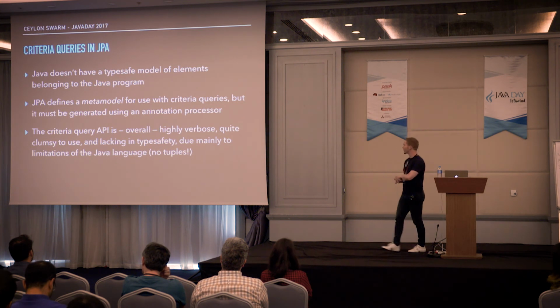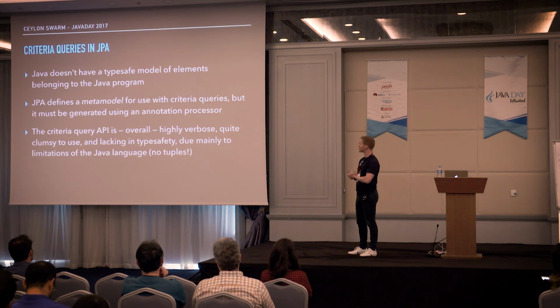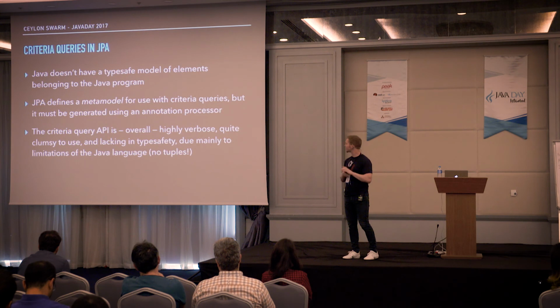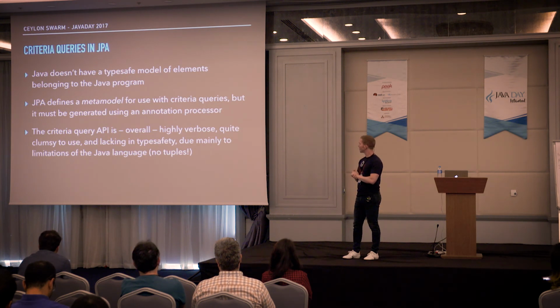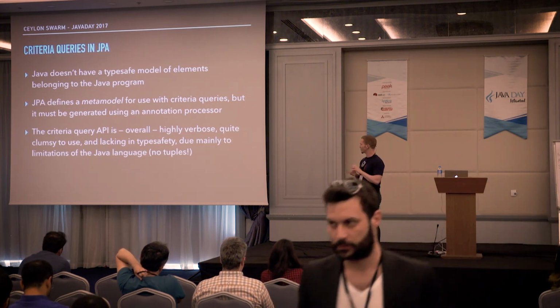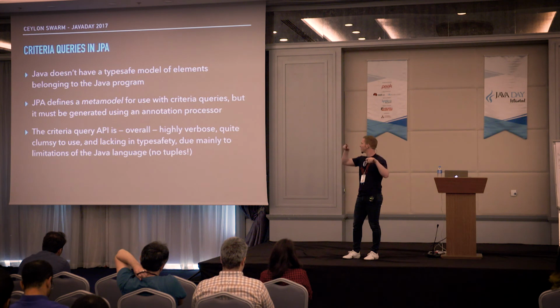It looks like I've run out of time. But what I was going to mention finally is that one of the things that Java's missing is this type-safe meta model that we saw there. Instead, JPA defines a meta model that is generated by an annotation processor, so you have these employee underscore classes which get generated.